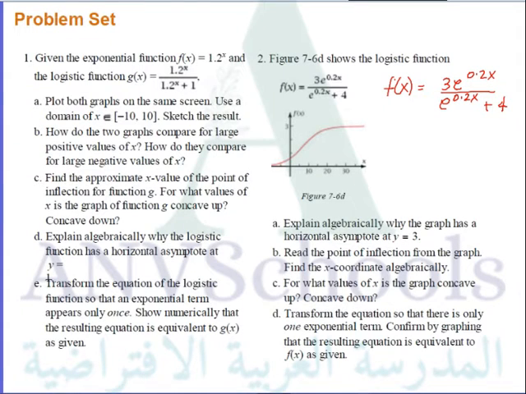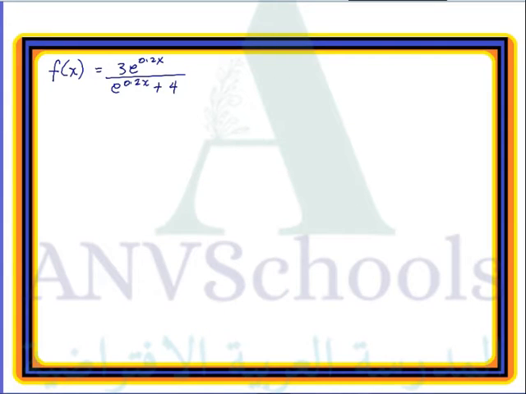So the requirement for A is to show why the graph has a horizontal asymptote at y is equal to 3. Okay, so let us begin again.